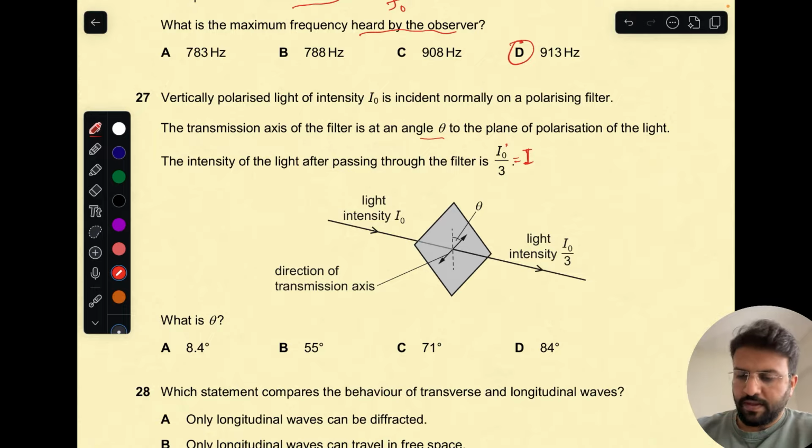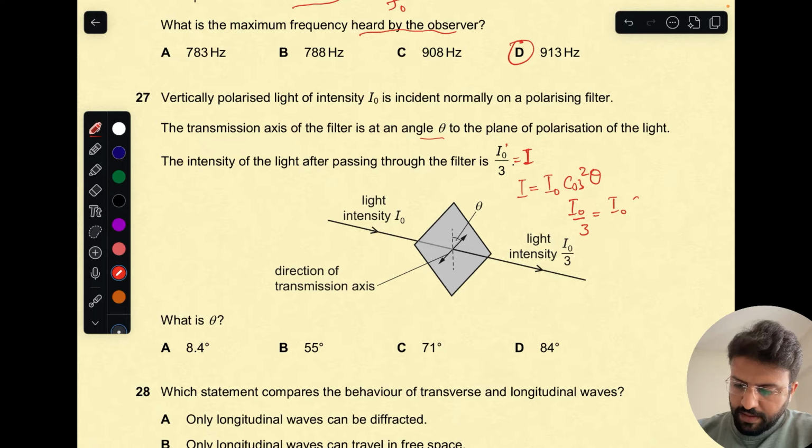So the relation we have is I equals I naught cos square theta. So I equals I naught by 3. I naught will remain there, cos square theta, so this will cancel out. So we will have 1 by 3 is cos square theta.